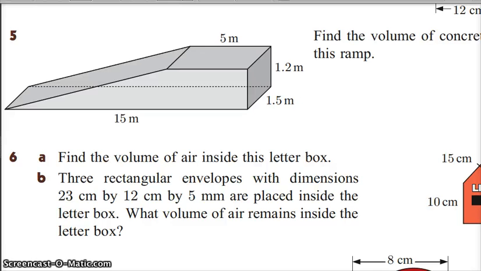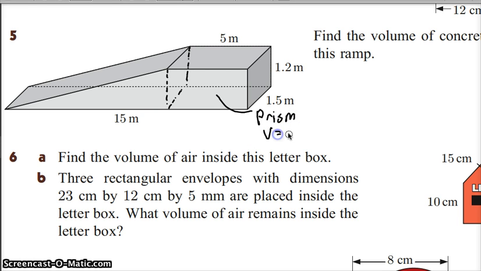So with this one here, they're asking find the volume of that concrete. I'd be trying to look at it like this. Okay, and so here you have a shape, and here you have the same shape. So it must be, again, a prism.